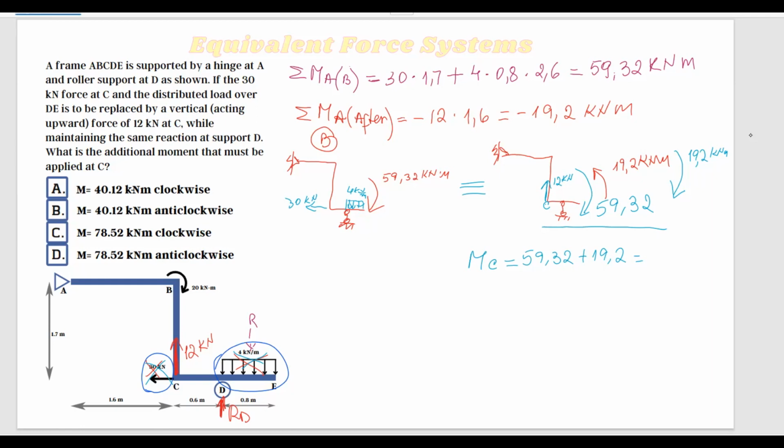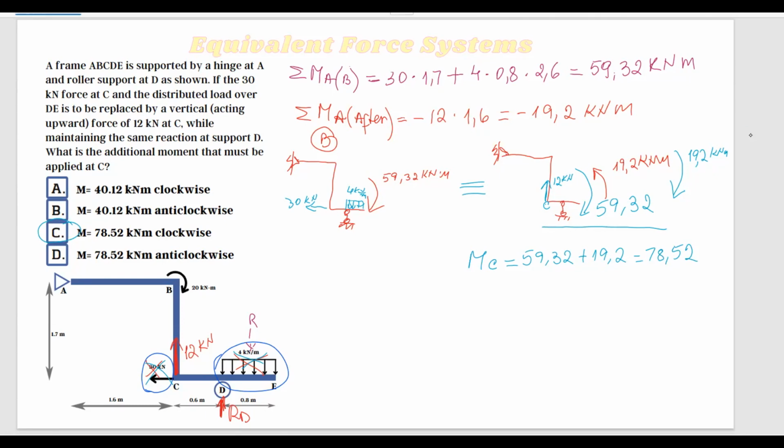So 19.2 plus 59.32 equals 78.52. And we have to add it clockwise. So the correct answer is C, 78.52 kilonewton meters in the clockwise direction. This is the moment that must be applied at C in order for the second system to be equivalent with the first system. That's what I did last time.